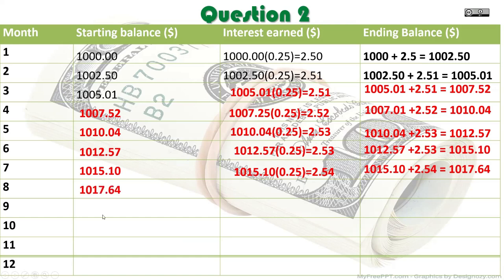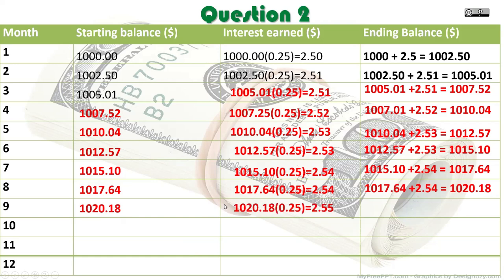And we continue with the $1,017.64, do our calculation on interest, add it to it, and we get $1,020.18. In our ninth month, we take this $1,020.18. This becomes our starting balance or our new principal.